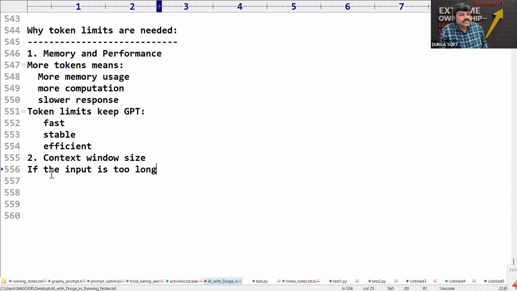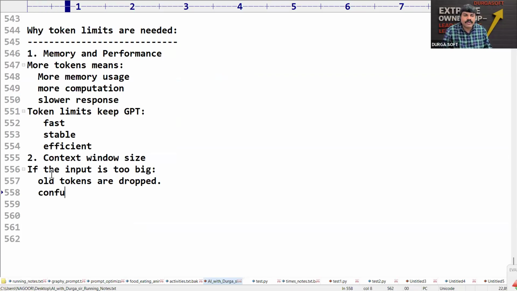If the input is too long or too big, what will happen? Old tokens are dropped. Yesterday we discussed context window size. If old tokens are dropped, how can GPT give proper output? Confusion happens. So to protect context clarity, a token limit is compulsory.